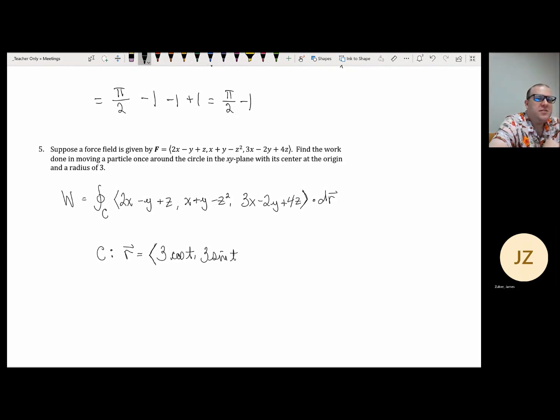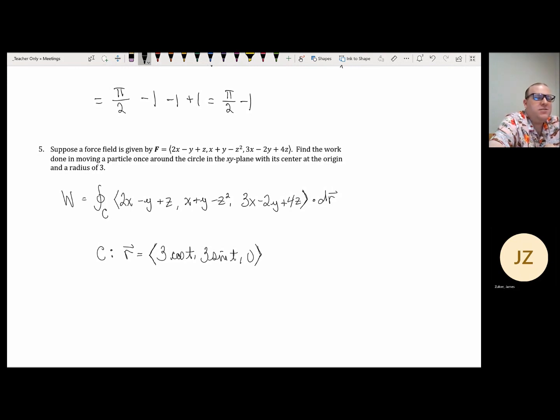It's incomplete. That's 0. Yes. Two reasons. One, they told us it's in the XY plane, which means Z is 0. Two, notice the force has Z in it. So our parameterization has to be 3-dimensional. And again, technically it's incomplete as it stands.